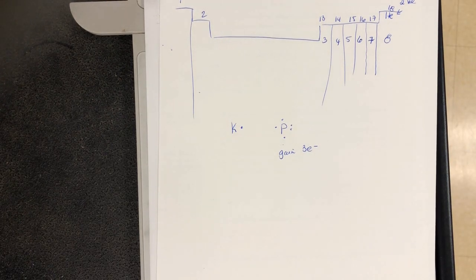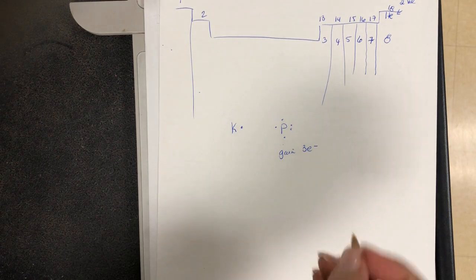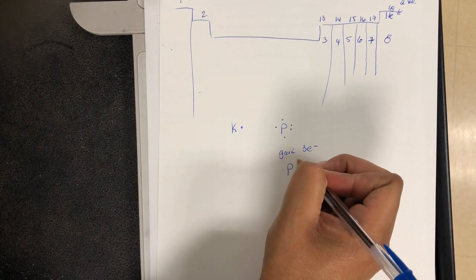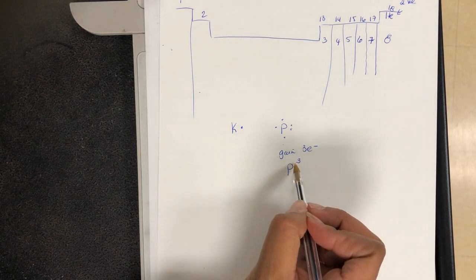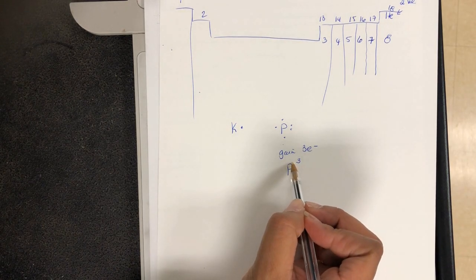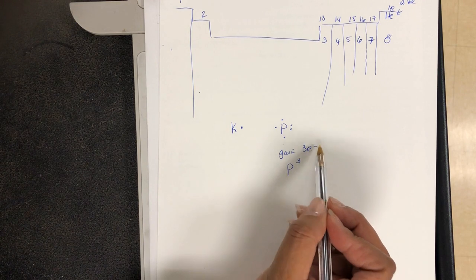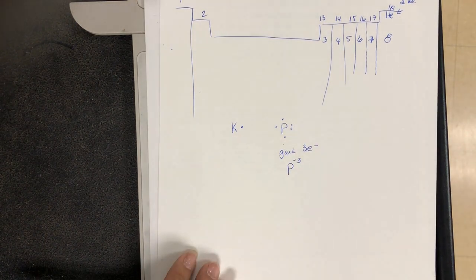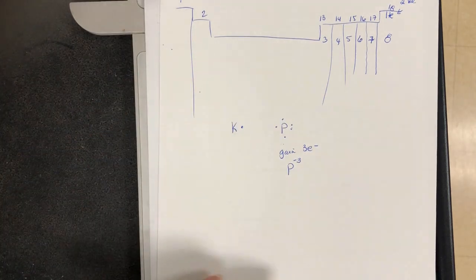If it's going to gain 3 electrons, then when I put a charge on there, what is the charge going to be? Negative or positive? Think about it. It's got 3 extra electrons. It's going to be more negative, so it's going to be a negative 3. So that's just a review of the 7.1.